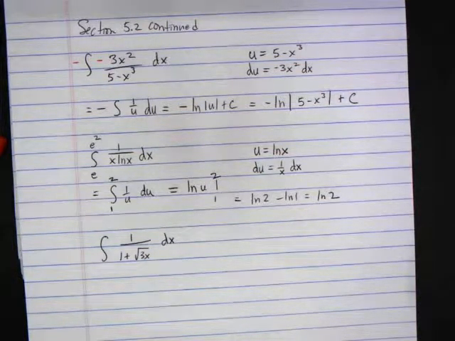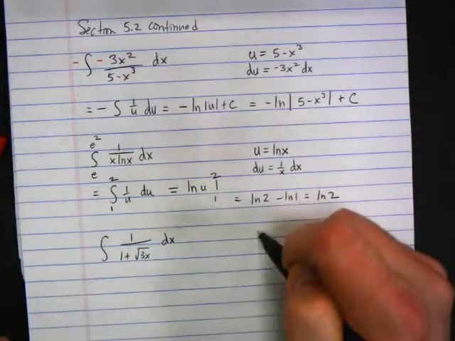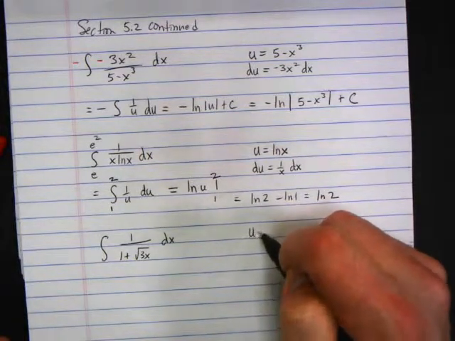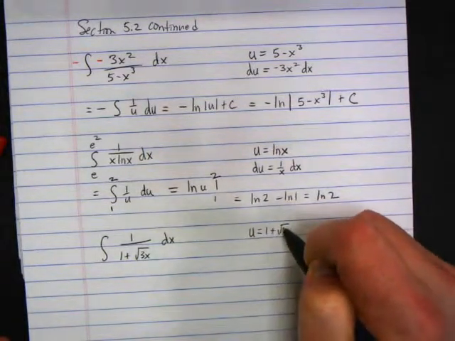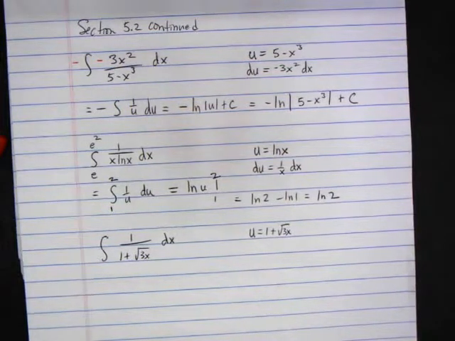Should u just be the square root of 3x? I think that would work, but I think there's a better one. That wouldn't be wrong, but you'd have a lot more work to do still after that. I think a good idea to try is let u be the whole bottom.